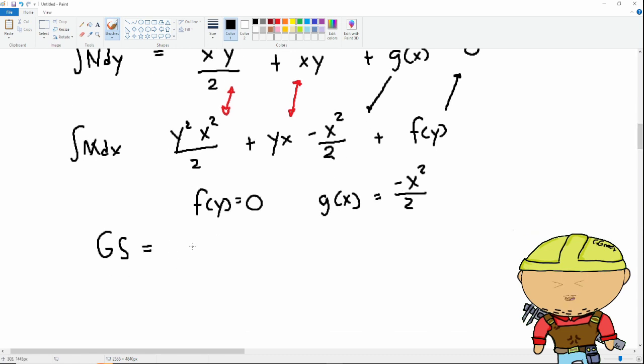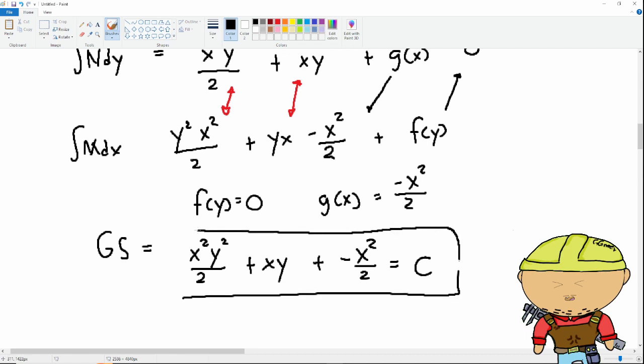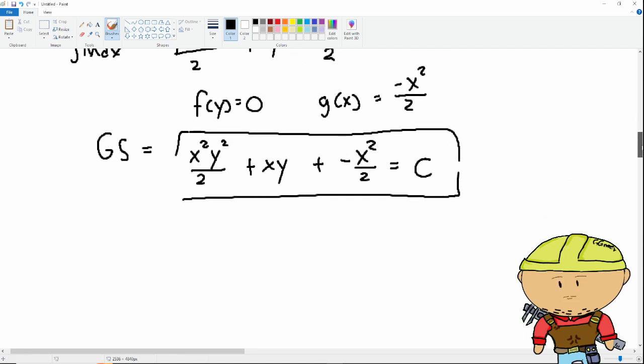So the general solution of your equation will become: copy the common terms we have in the opposite equation, xy squared and xy, then copy the g of x and f of y, negative x squared over 2, then add c. So that is now your general solution. Let's simplify it further.